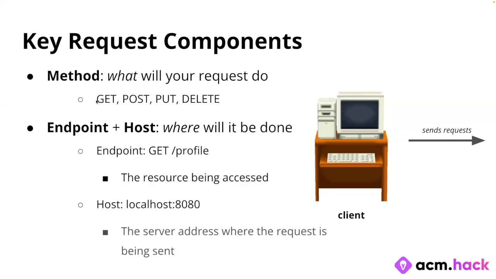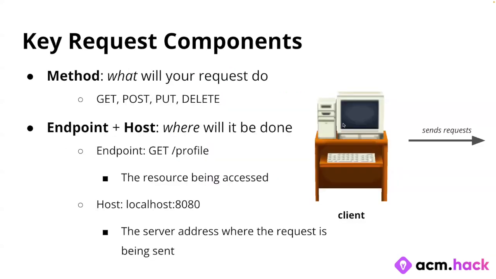It's just a different URL, probably meaning the same thing. It specifies the server address where this request is being sent. So over here, I'm sending the request to localhost 8080, and in the previous image, I'm sending the request to localhost 8000. That's the only difference between these two requests.